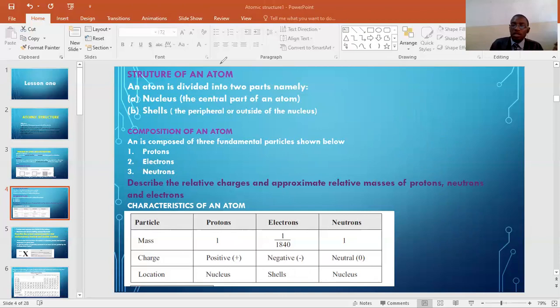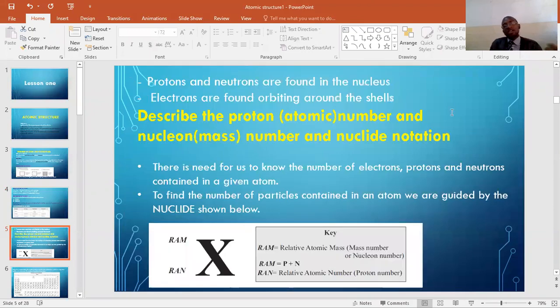From there, we proceed and look at what is known as the Nuclide notation. So a Nuclide notation is just a symbol.